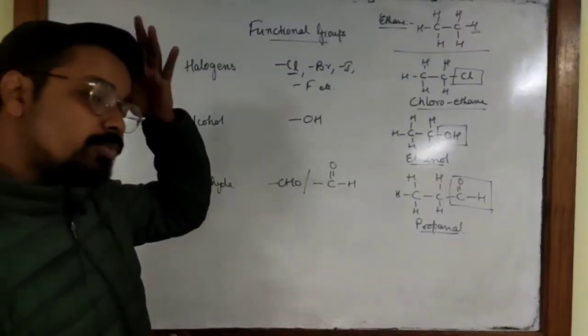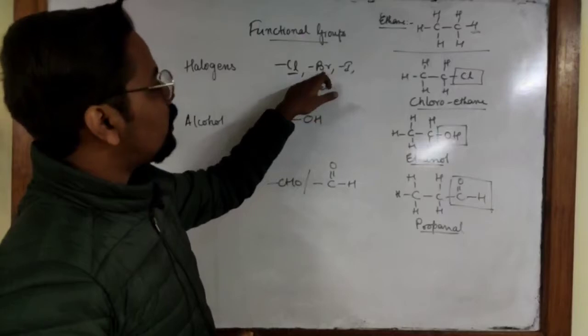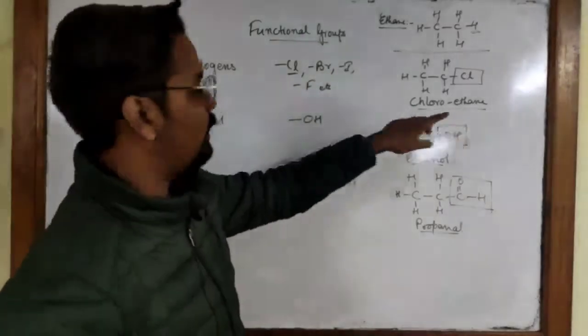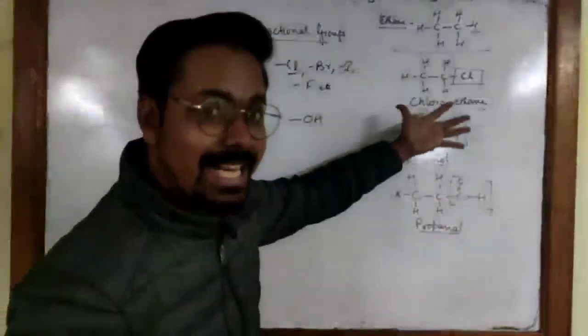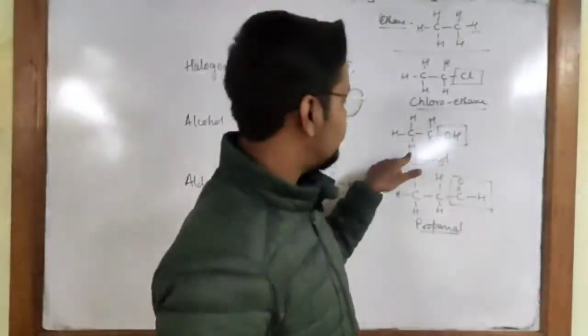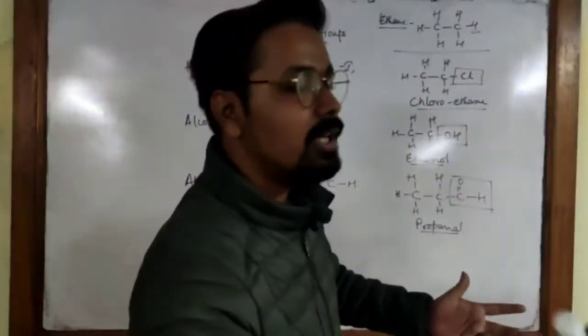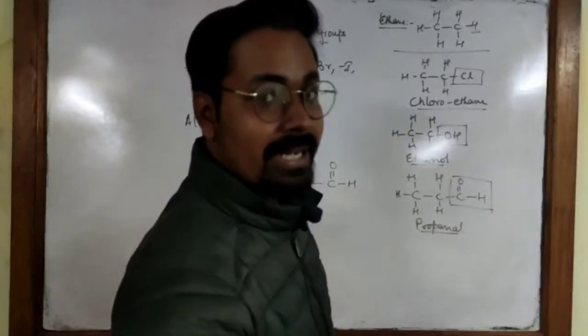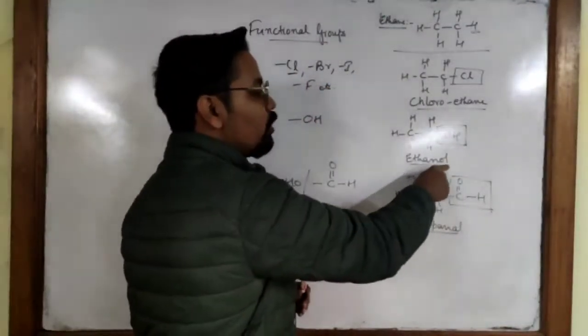So how do you understand what should be the name? For halogen atoms, whatever you attach, suppose you want to attach bromine, it will become bromoethane, iodine, iodoethane, fluorine, fluoroethane. So that's how we name them. In case of alcohol, just count the number of carbon atoms. You write ethan, methan, propan, butan, hexan, pentan and like this, and you add a suffix to it called ol.